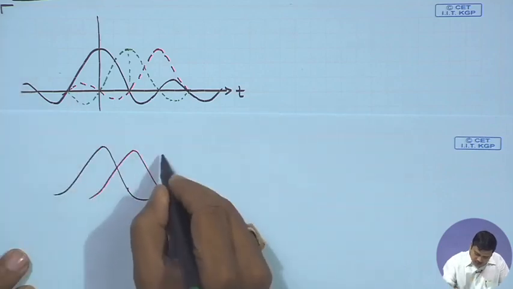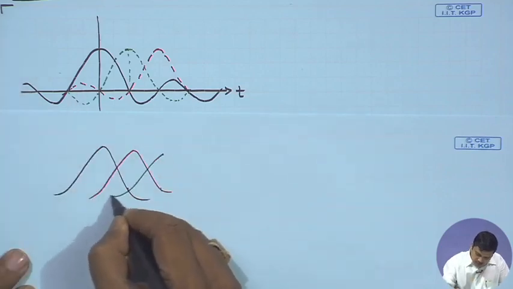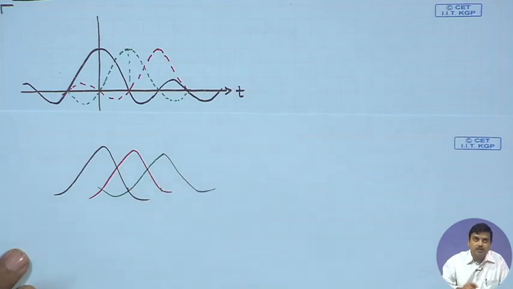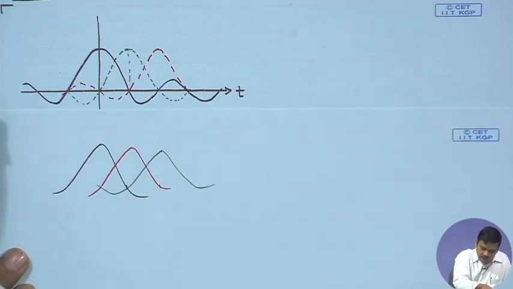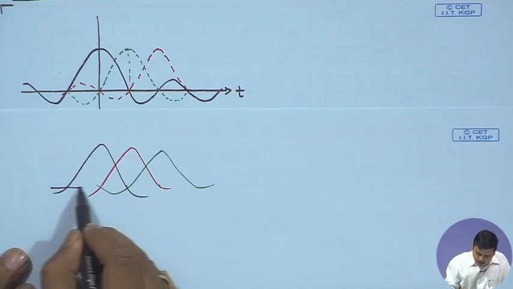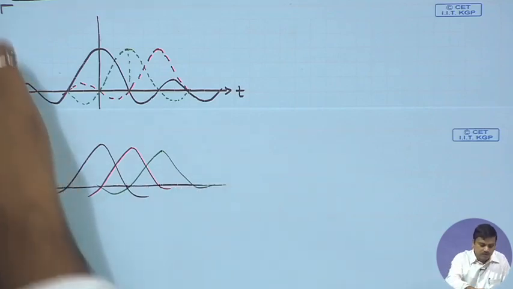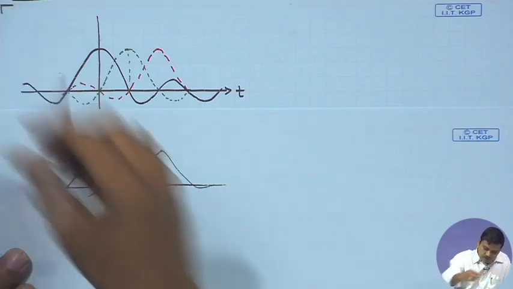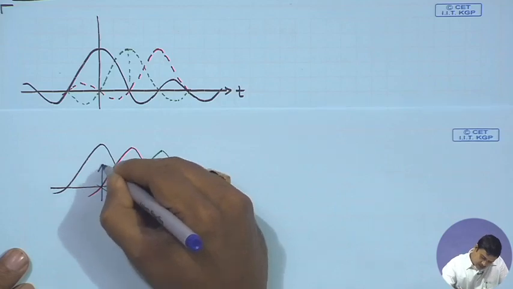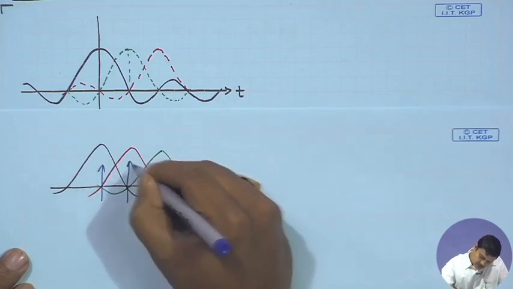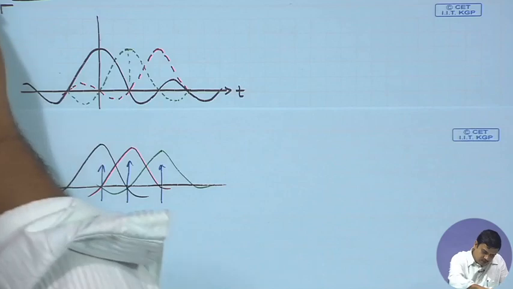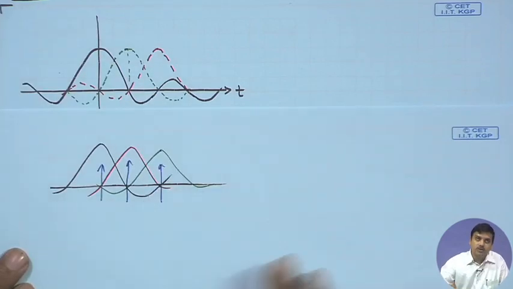So, if we say that there is a 0 crossing here, roughly speaking we have done that, and suppose our line goes here. We are supposed to sample at this location, at this location, roughly at this location, where this also goes through 0.